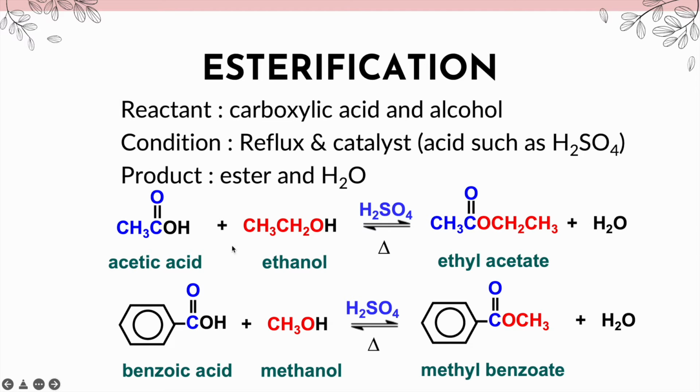Make sure you don't interchange the removal. Don't remove H in carboxylic acid and OH in alcohol. That's wrong. The OH will be removed from carboxylic acid and the H will be removed from the alcohol.